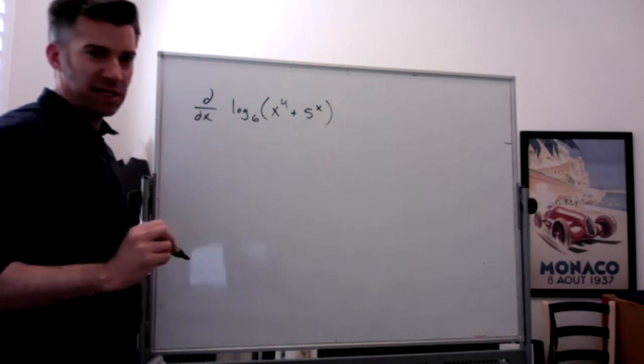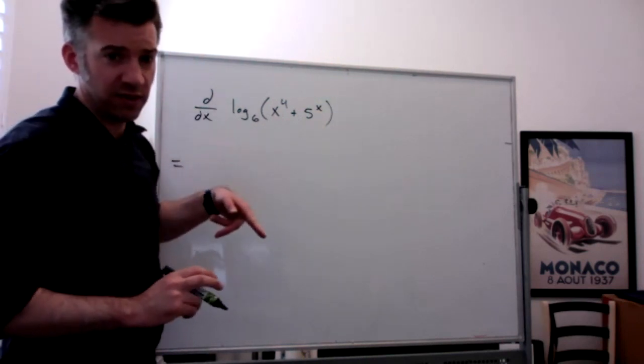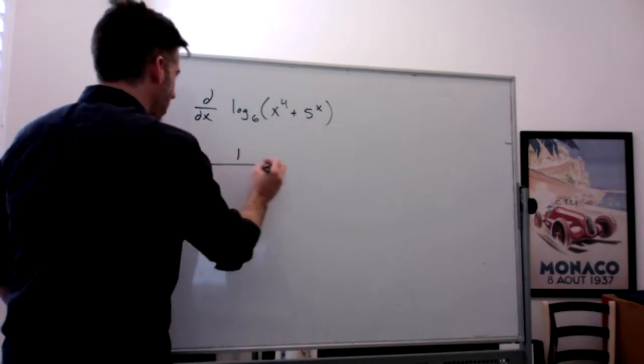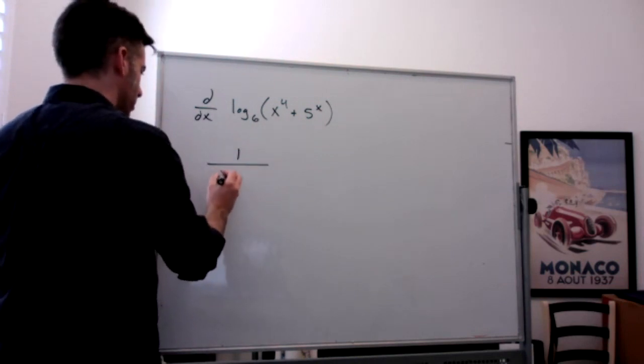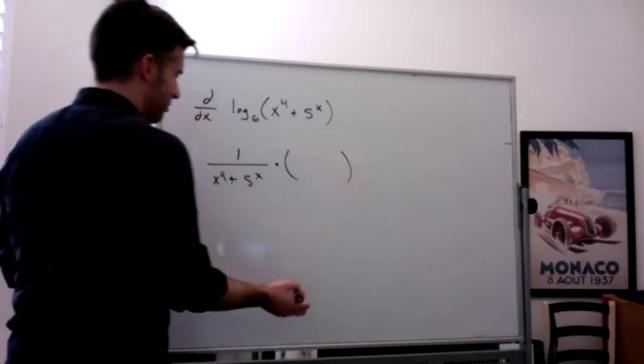Yeah, let's make it saucy. Then I would say, okay, I know how to take the derivative of log base 6 of a thing. It's 1 over the thing times the derivative of the thing.